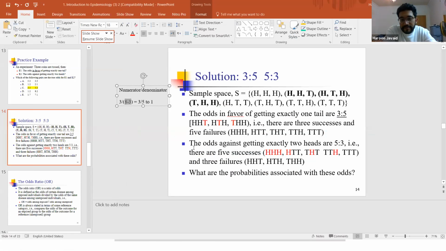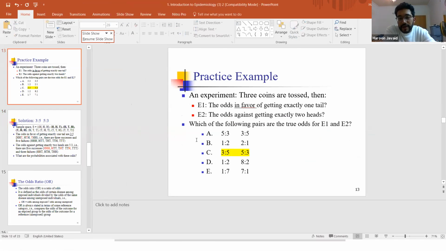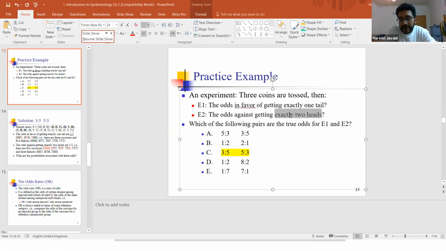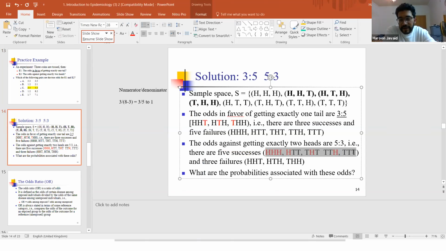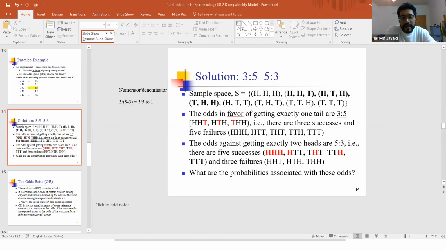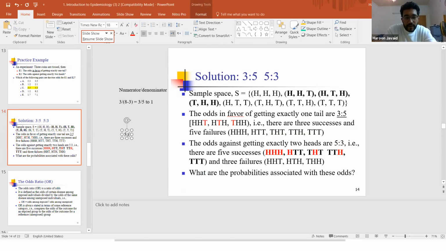So if we go for the other example, the odds against getting exactly 2 heads. Now our successes are everything which does not have 2 heads, which is basically 5. So in the beginning, we write 5 as the numerator. And then we want to know 1 minus p.